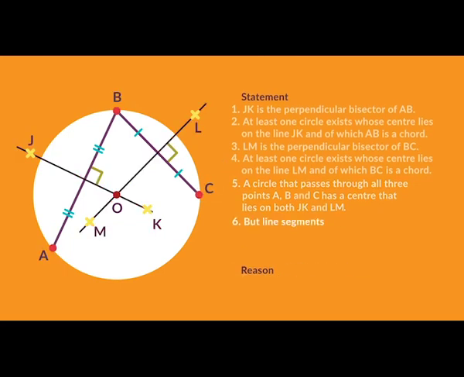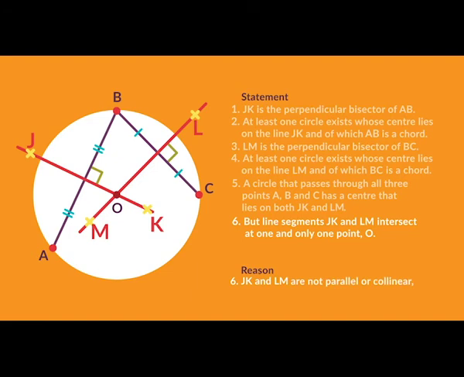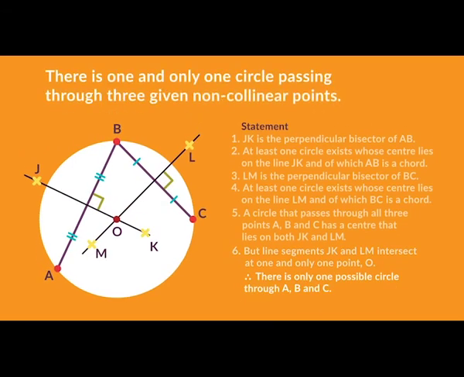But we know that the line segments JK and LM intersect at 1 point only. Remember, we know that JK and LM are not parallel or lying on the same line because they are perpendicular to AB and BC, which are not on the same line. Therefore, we know that there is one and only one circle going through all 3 points.